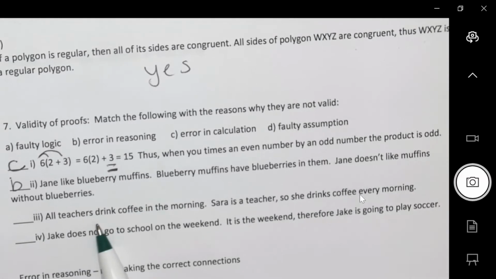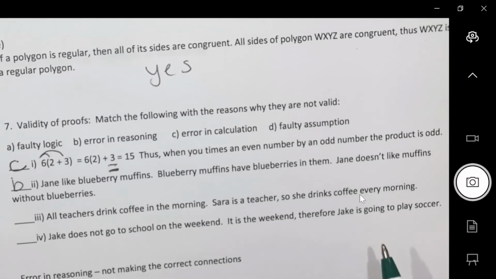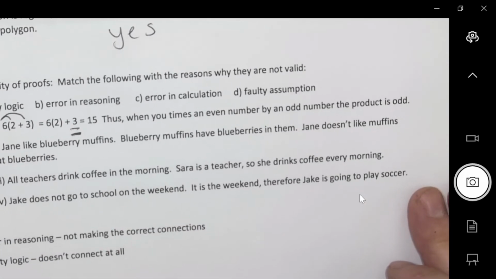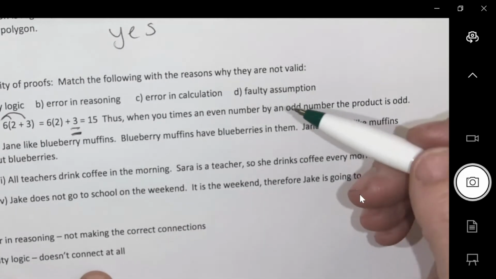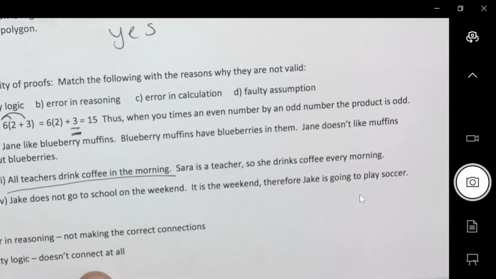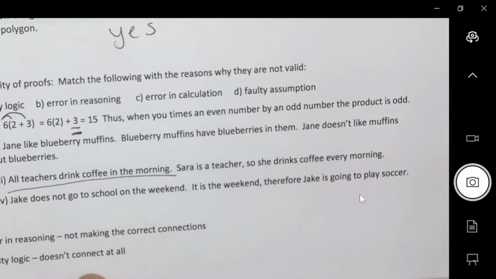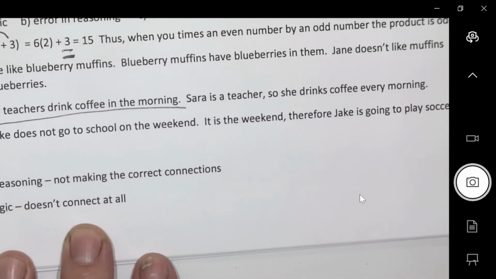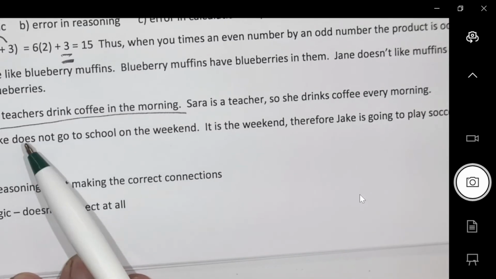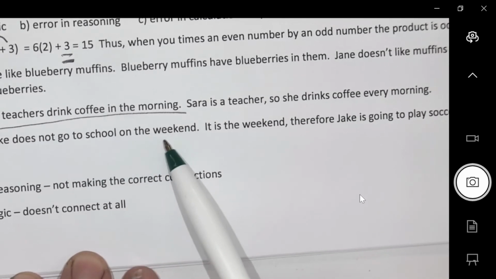Okay, all teachers drink coffee in the morning. Sarah's a teacher, so she drinks coffee every morning. What's wrong with this statement? This is a faulty assumption, right? Not all teachers do drink coffee. Jake does not go to school on a weekend.